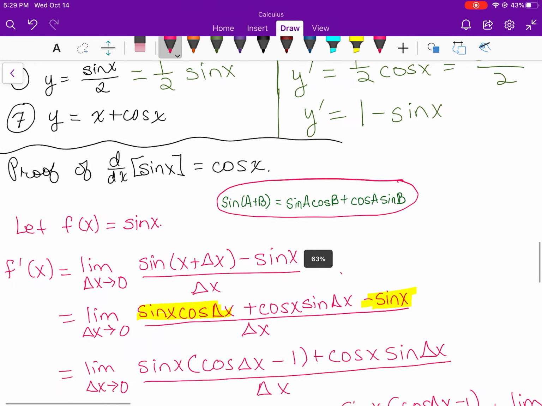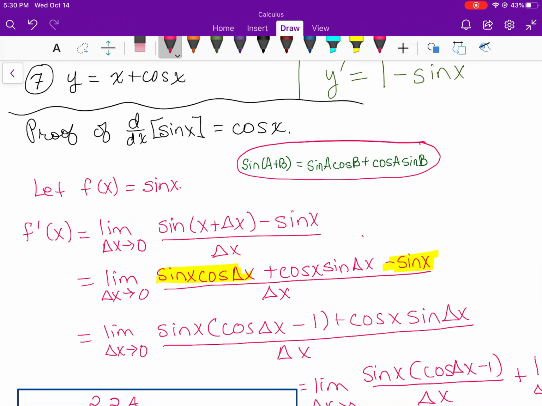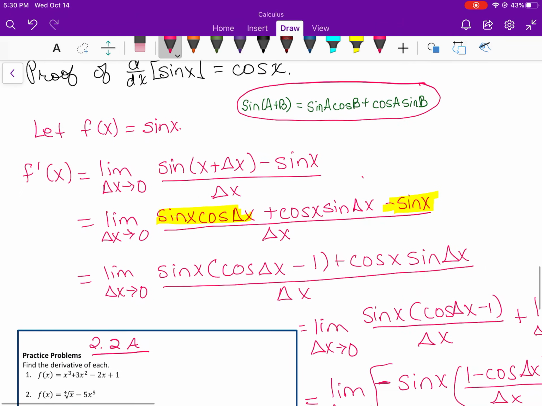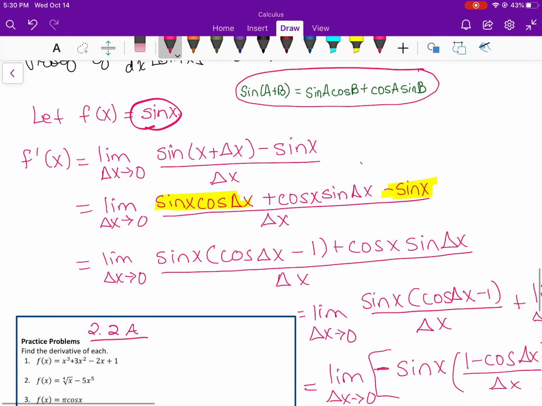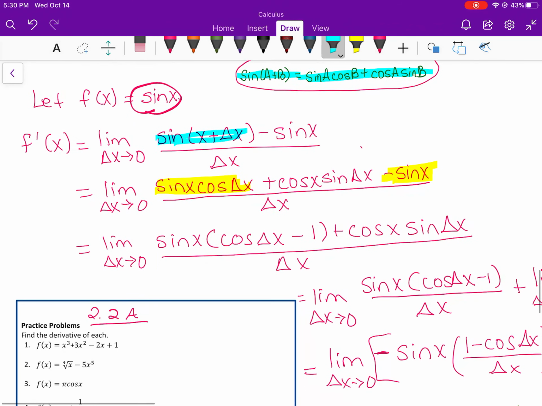We ended class today with a proof on why the derivative of sine x is cosine x. And so I started with sine x right here. I used the limit definition of a derivative from 2.1. And then, let's see here. This right here, if I apply my formula from chapter 5 in pre-calculus, when we did our identities, I will get these two terms right here.